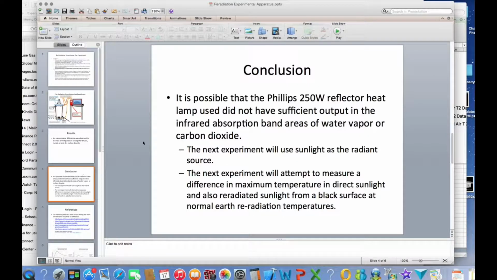So really my conclusion was based on the spectral output of the Philips infrared heat lamp and the absorption spectra for water vapor and carbon dioxide, that it's quite possible I simply missed where these two entities absorb infrared.